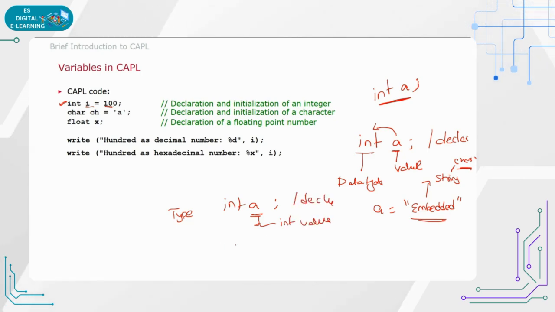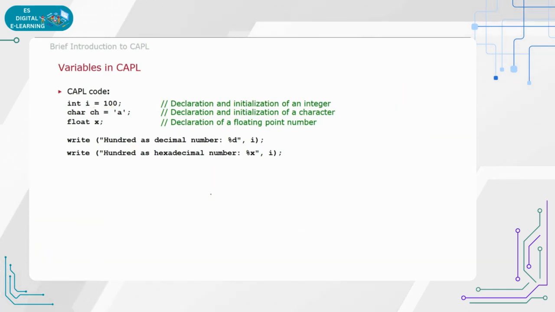And initialization means when you are assigning some value, like my integer 4. Assigning means I allocated the value, consider that. So if I say int a, this is a declaration. What exactly happens in the programming is, when you use the integer data type, it is 4 bytes, right?